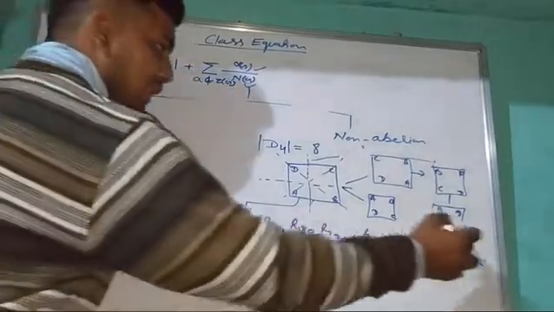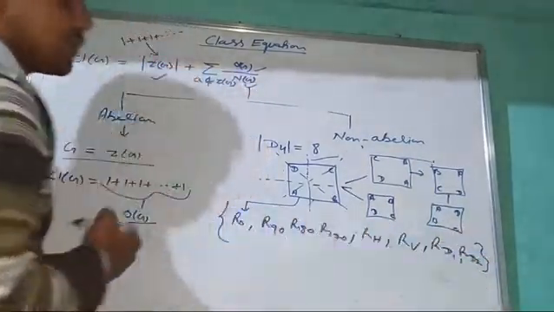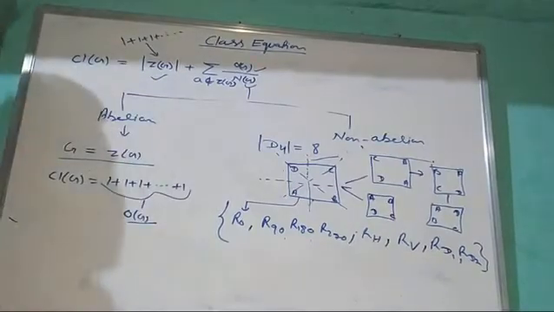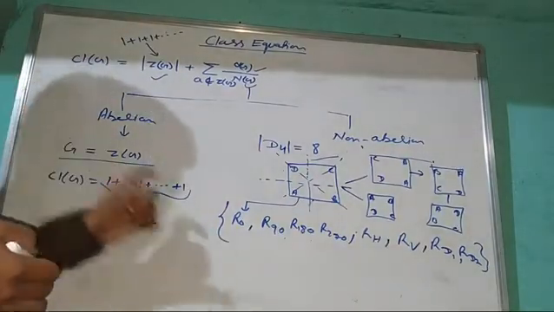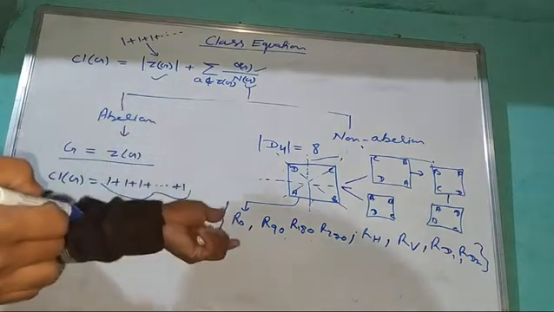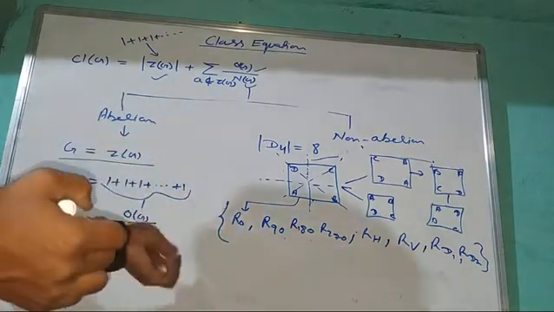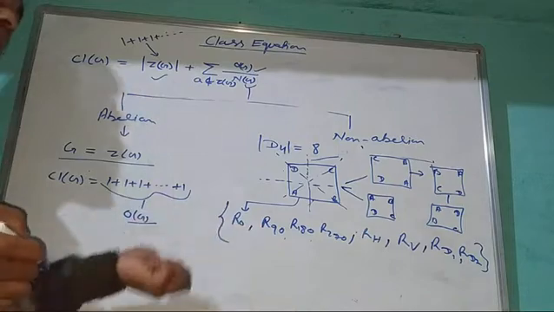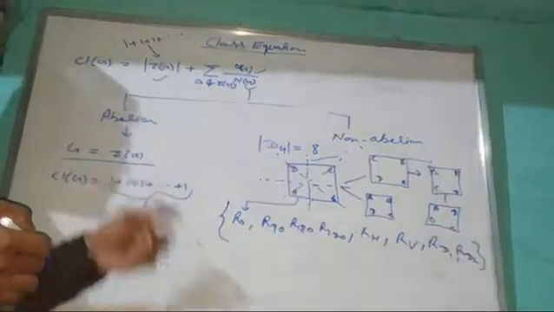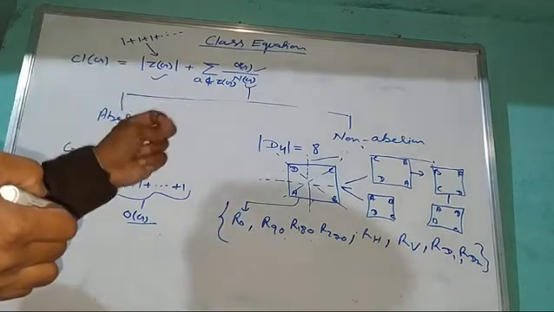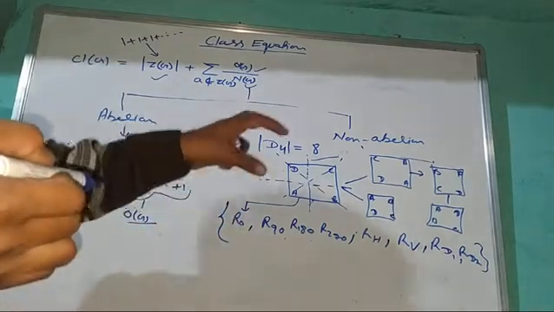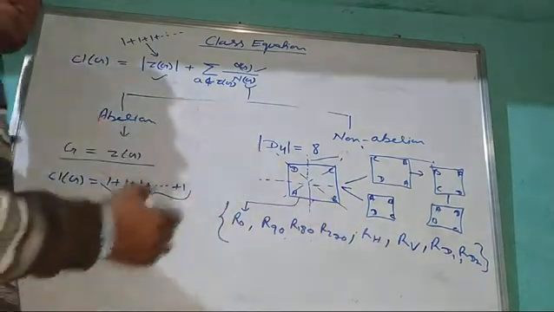These are all the elements of D4. In D4 we have 8 elements, which are involved in the rotation and reflection process of a square.